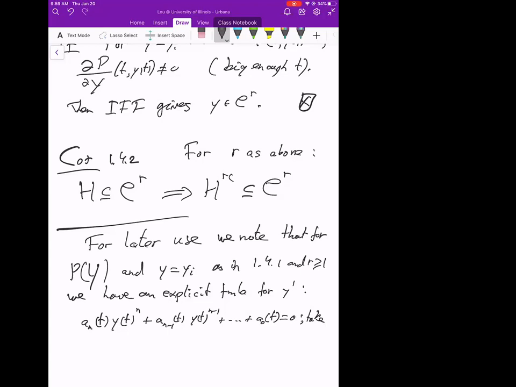Take the derivative with respect to t in both sides.